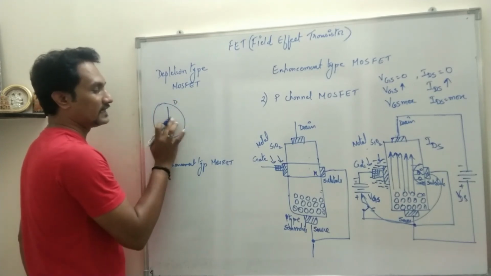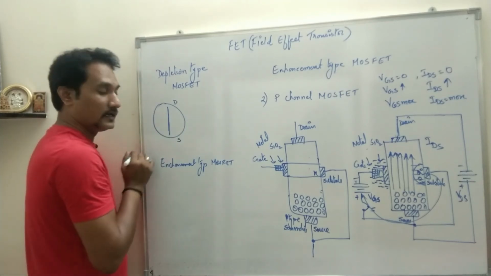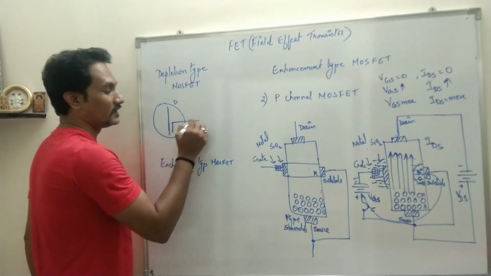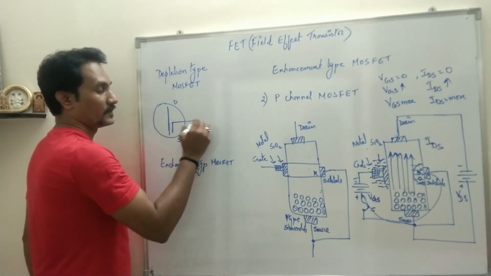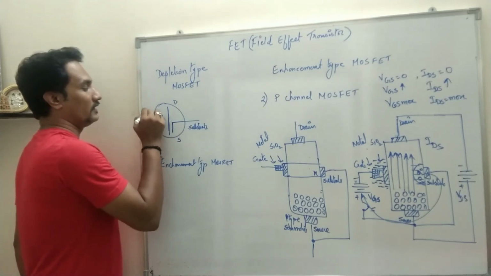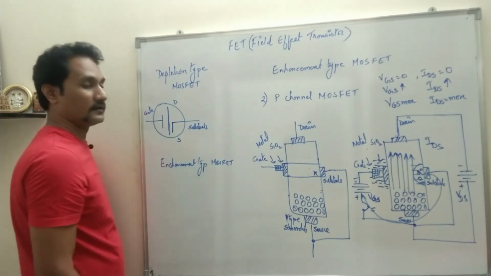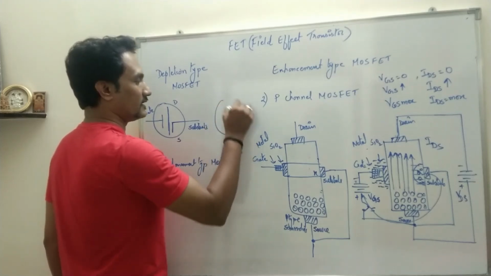It is not disconnected, we have to show it connected, okay, connected. And then we have a substrate which is internally connected with the source. So this is substrate, and there is a gate terminal which will be exactly opposite to the substrate. Okay, so this is the symbolic representation for depletion type MOSFET.